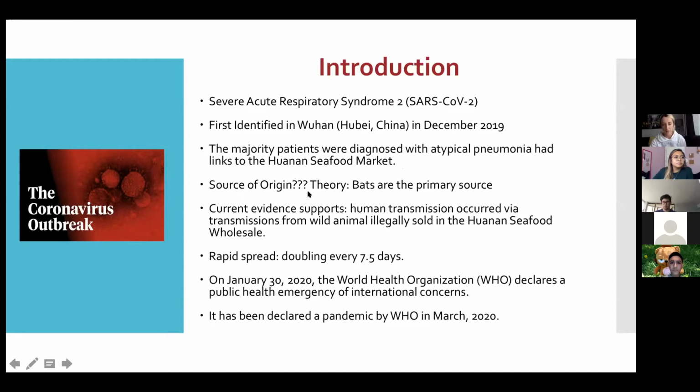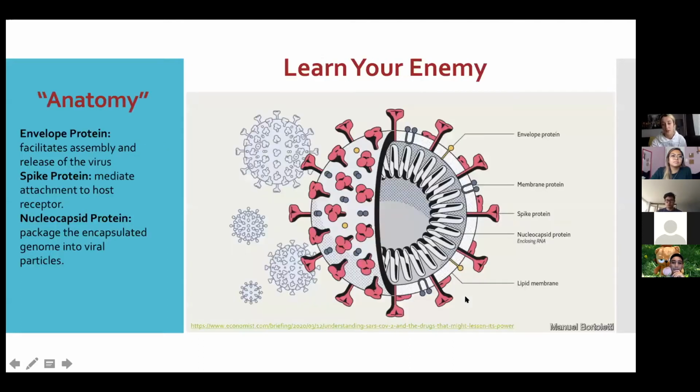We don't have a confirmation from scientists that it really originated in bats, but we have a theory that bats are the primary source. Current evidence supports that human transmission occurred via wild animals illegally sold in the Huanan seafood wholesale market. And it had a rapid spread. The data shows a doubling every 7.5 days. And on January 30, 2020, the WHO declared a public health emergency of international concern.